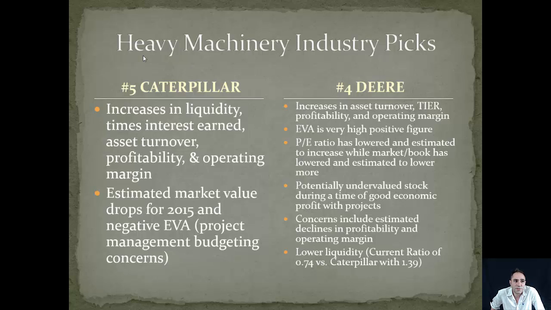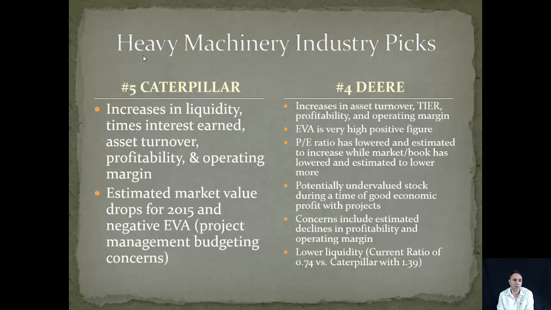However, there are some concerns that there are some estimates for the profitability to decline and that operating margin is going to decline. They also have a lower liquidity. The current ratio is only at 0.74, and if you want to compare that to Caterpillar, that's within the same industry, they have a current ratio of 1.39.